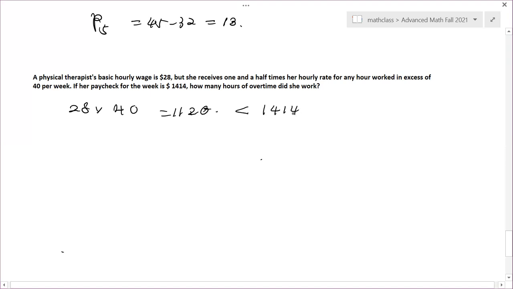Okay, that is what we have. So definitely she worked overtime. The number of overtime hours is called X. Now, can you write down the equation for that?